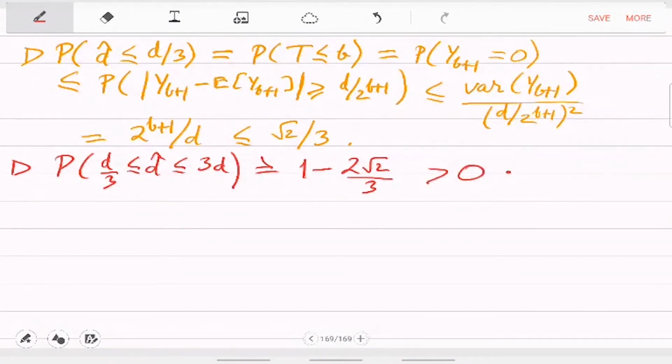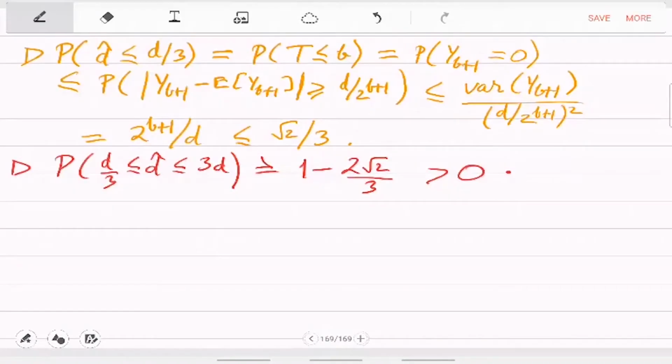So, there is a good chance that the algorithm is actually outputting a good estimate for d, but this probability is not close to 1, right. It is more like close to 0, although it is a positive constant. You can actually boost it by the boosting trick.